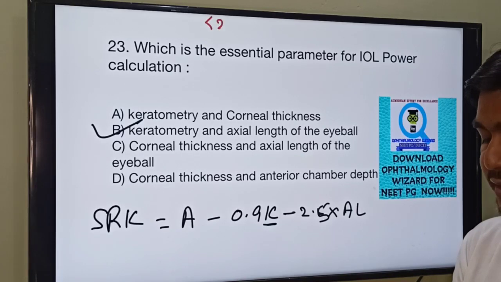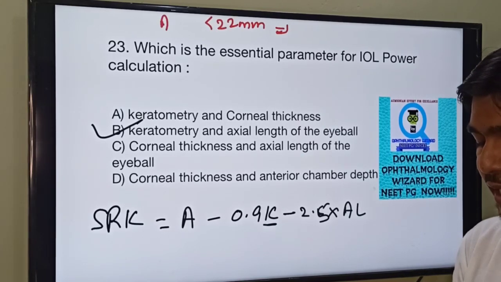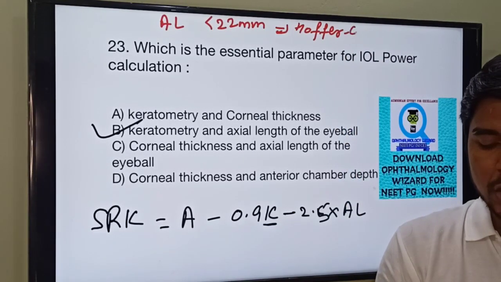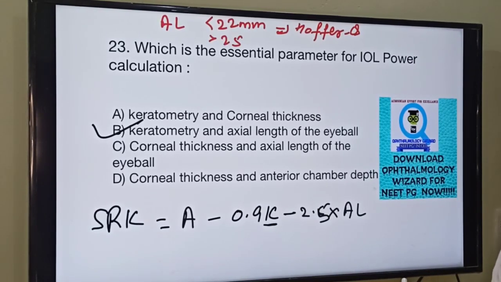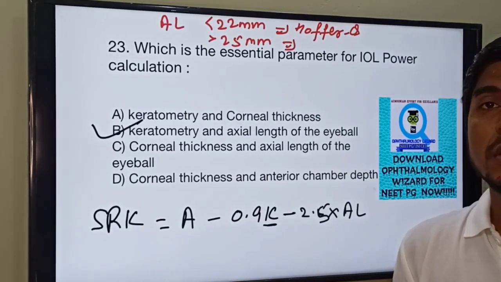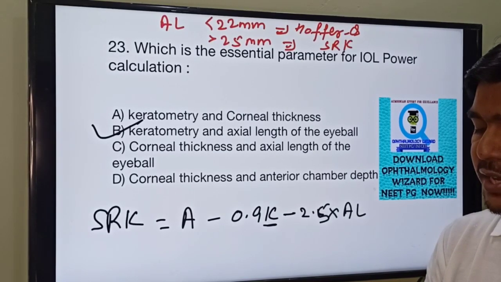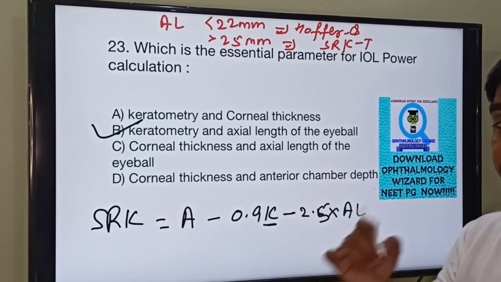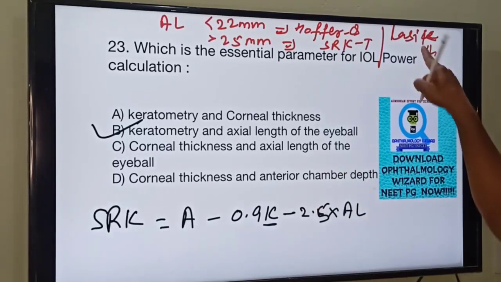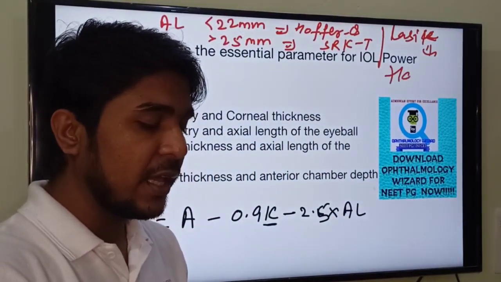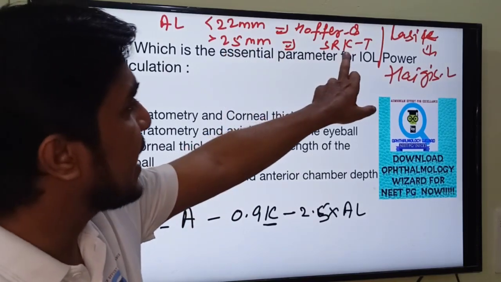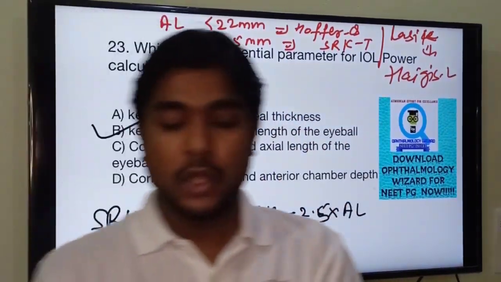If the axial length is less than 22 millimeter, which formula should you use? Hoffer Q. If the axial length is more than 25 millimeter, which formula should you use? SRK/T formula. If the patient has had LASIK, which formula should you use? Haigis-L. So less than 22, Hoffer Q; more than 25, SRK/T; in a LASIK patient, Haigis-L. This is very important, you need to remember.